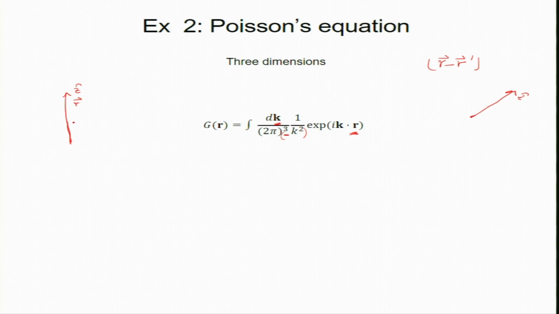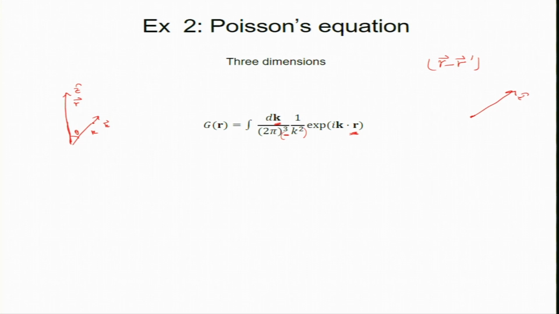Now k is of course varying. So my k vector can be anywhere, and this angle is theta. So we will use the spherical coordinate system. The magnitude is k, and d theta d phi. So k is varying over a sphere.